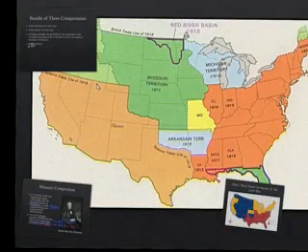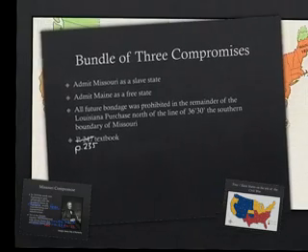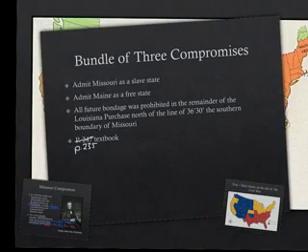So, as you examine the entrance of Missouri, a compromise has to occur. The compromise initially is Missouri's going to come in as a slave state, so you add two slave senators to the South, but they will also admit Maine in as a new state.